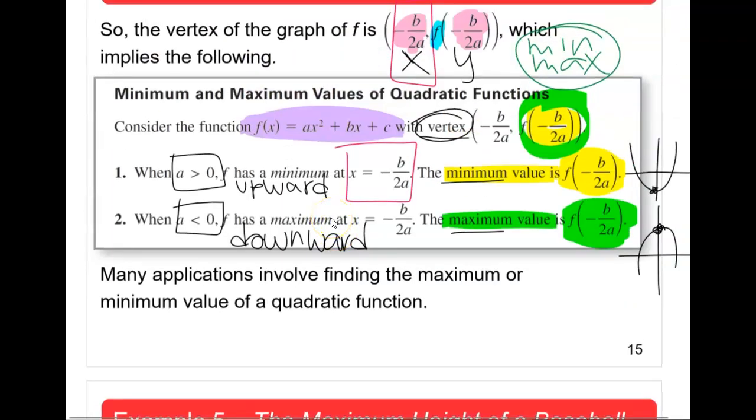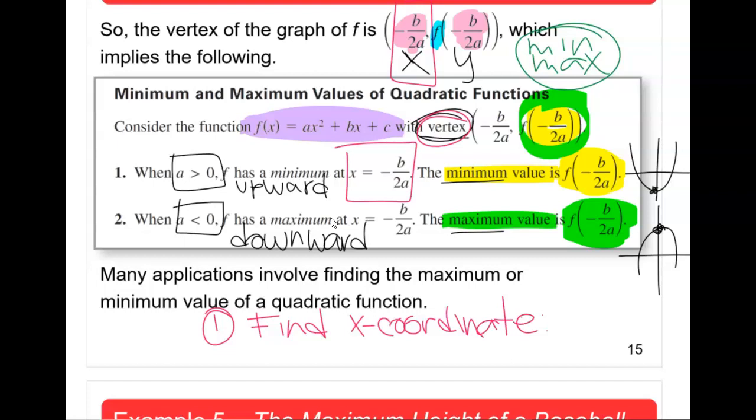So let's number our steps here. First, we find the x coordinate of the vertex by substituting into negative b over 2a. That's going to give us a number.